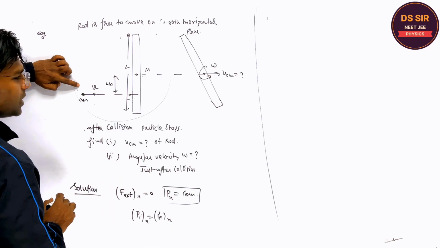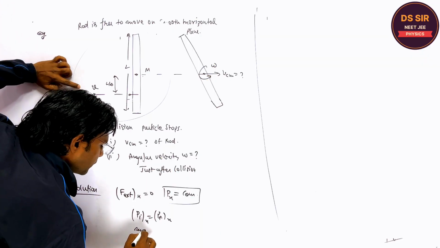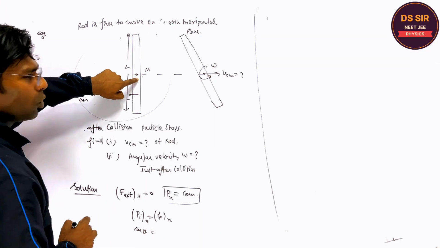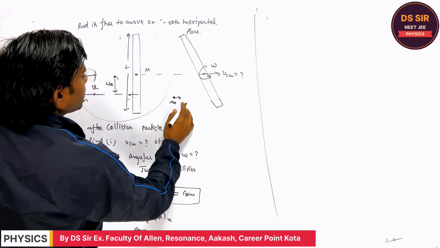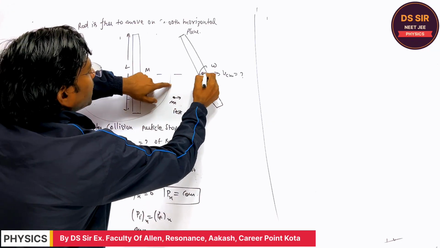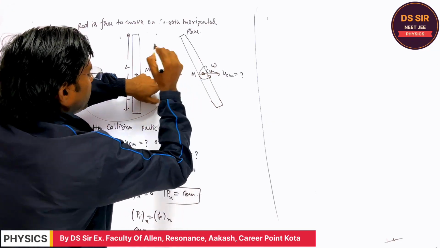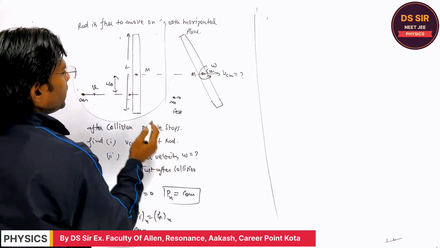So before collision, what is the linear momentum? Say mv, because the rod is at rest. After collision, the particle comes to rest. But the center of mass of the rod, which is capital M, starts moving. So what is the final momentum? This is the initial photo.